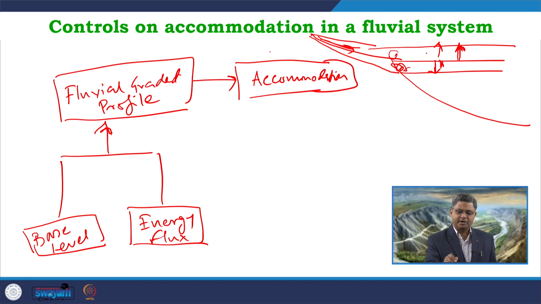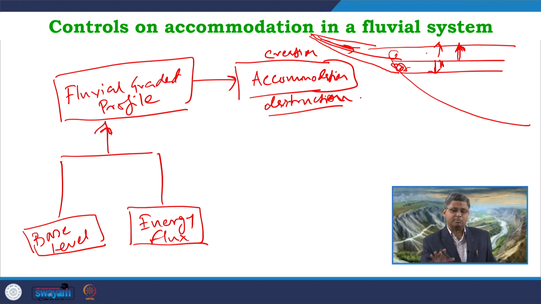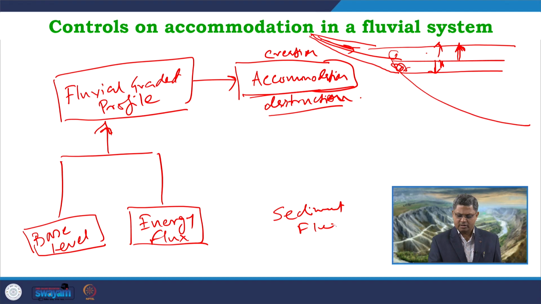So, this is either creation or destruction of accommodation, depending on the position of this fluvial graded profile in that part of the marginal marine environment. Now, this accommodation will be consumed by the third factor, that is the sediment flux or the sediment supply, which will try to consume this accommodation.